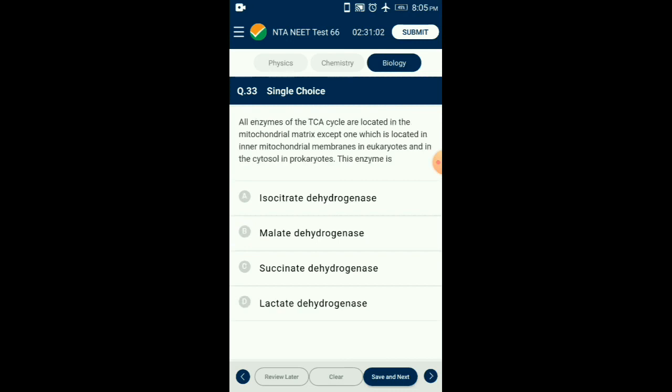Question number 33. All enzymes of the TCA cycle are located in the mitochondrial matrix except one, which is located in the inner mitochondrial membrane in eukaryotes and in the cytosol in prokaryotes. This enzyme is succinate ubiquinone oxidoreductase, also known in mitochondria as complex 2, which provides a link between the citric acid cycle and the membrane-bound electron transport system.